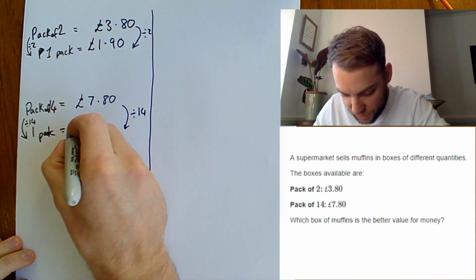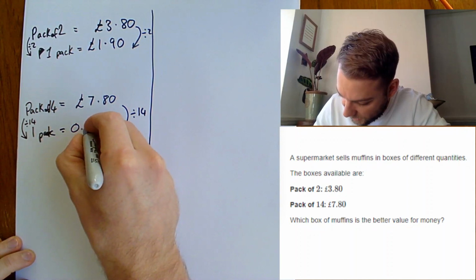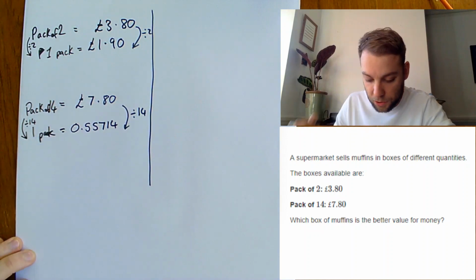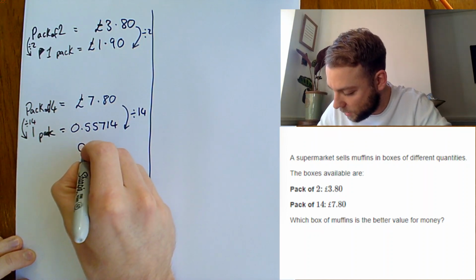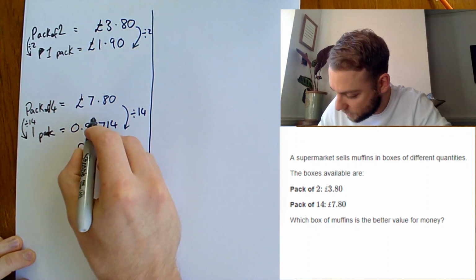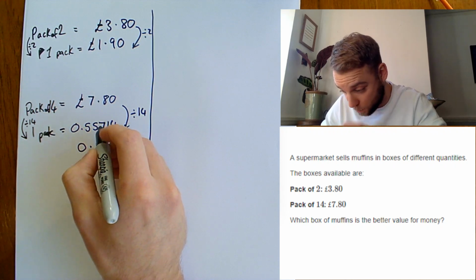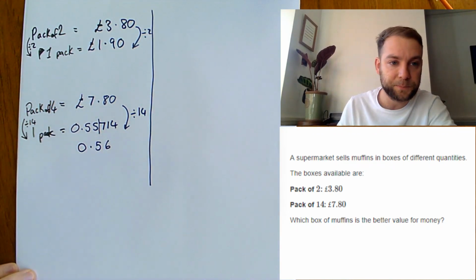So that's much cheaper. So the actual answer here is 0.55714. But obviously we know that if it's money, we can only round to 2 decimal places. Well, this 7 is 5 or above, so I'm going to round that up, which is going to be 56.